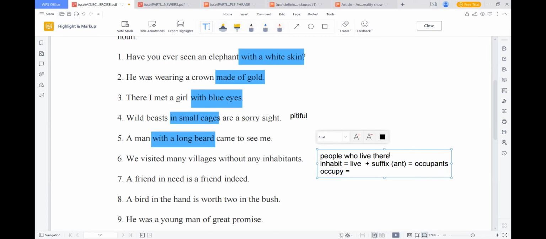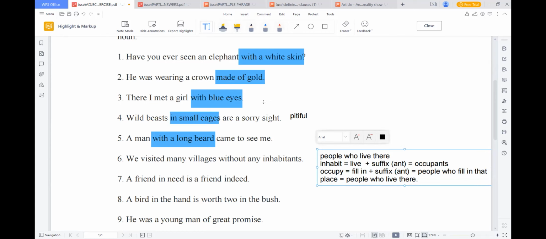Occupy means 占据, fill in the place. If you add ant, it becomes human being. This is a suffix here. So you play with the words. It becomes people who fill in that place. In other words, people who live there. So inhabitants also means occupants.